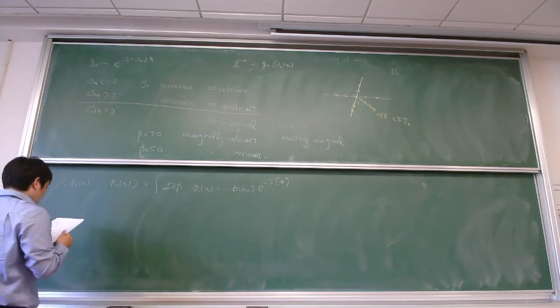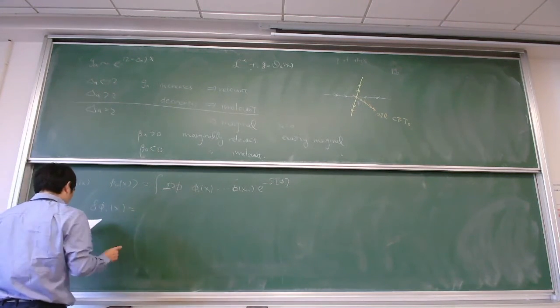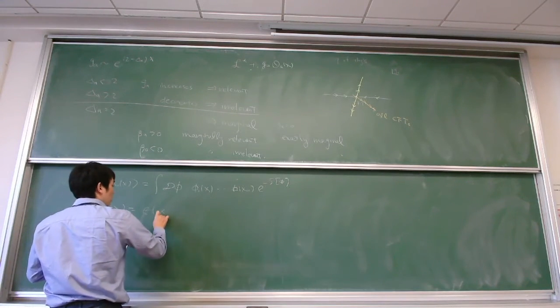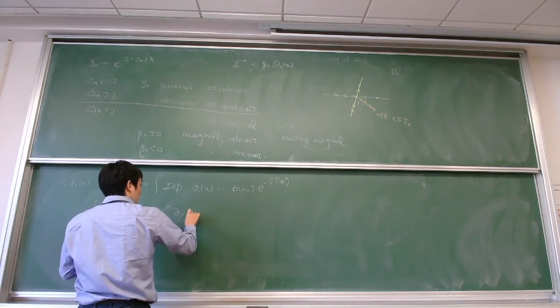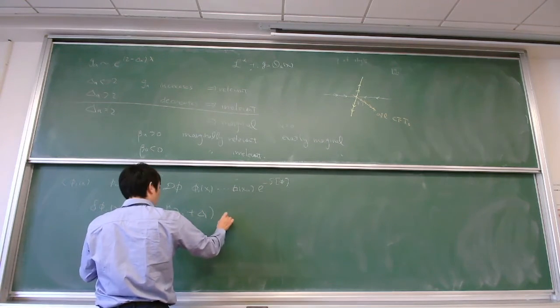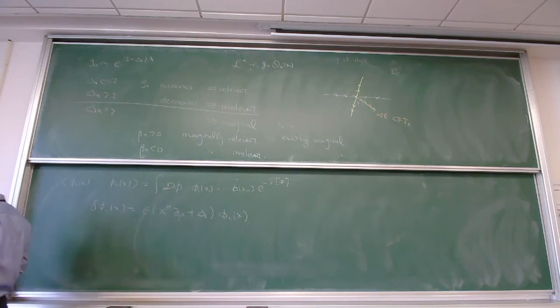And on the conformal transformation, we know that delta phi_I of x is defined as x^mu plus the conformal dimension times phi_I of x. That's what you obtain from the symmetry analysis.